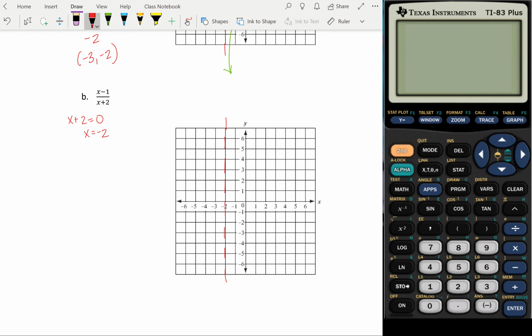Then, to find my horizontal asymptote, I look at the x over x. Remember, if the powers are the same, then we can use the numbers in front, which are 1. So I get 1 over 1, which is 1. So I have a horizontal asymptote at y equals 1. So I will draw my line.